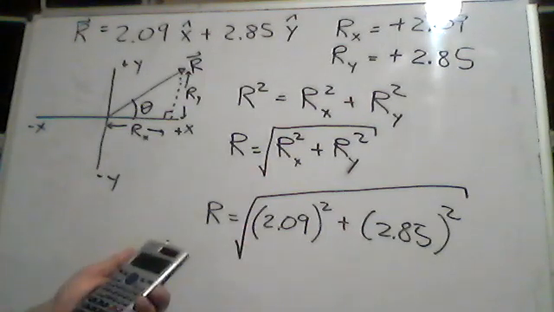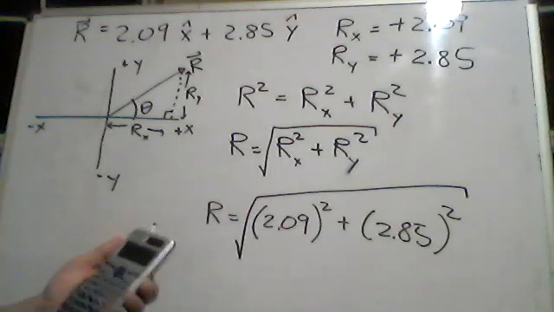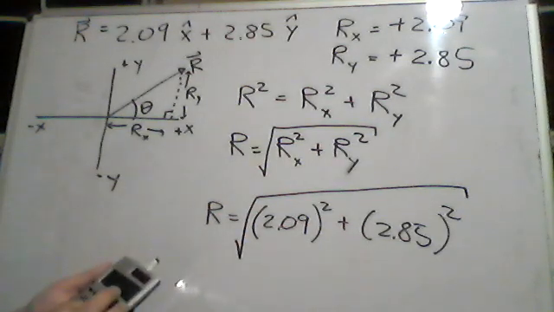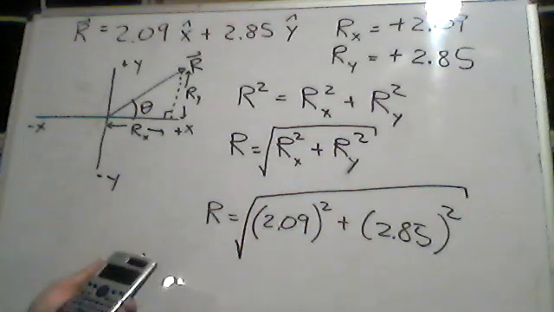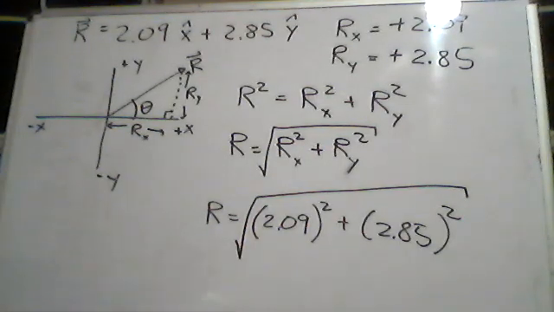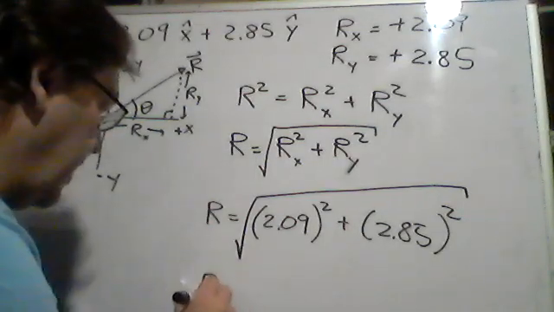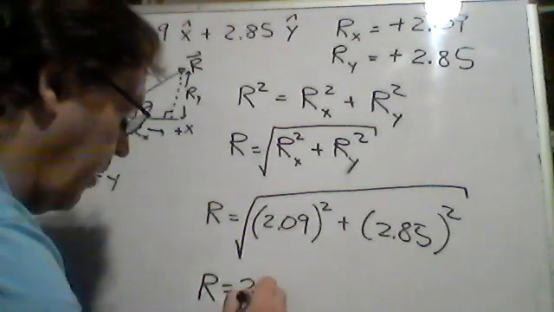I add it to 2.85 squared. When I add these two squares, I get about 12.4906. Just so you're keeping along with me. I'll take the square root of that value, or the 0.5 power of it, and I will get 3.53. Okay, so the length of this vector is 3.53.